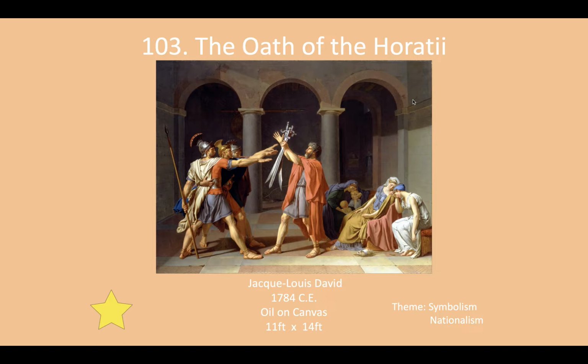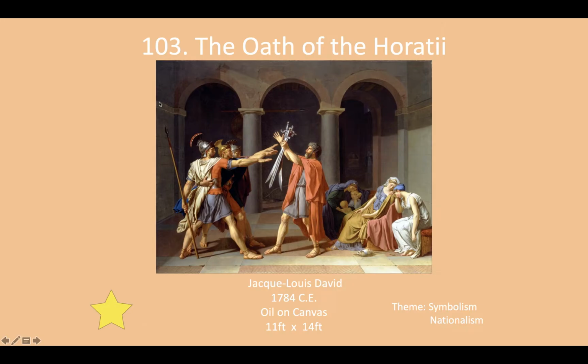And so what you're looking at here is the father sending his 3 sons to be the three that are chosen for the battle. And they are reaching out their arms to take their swords. You see 3 men, 3 women, 3 swords, 3 arches.